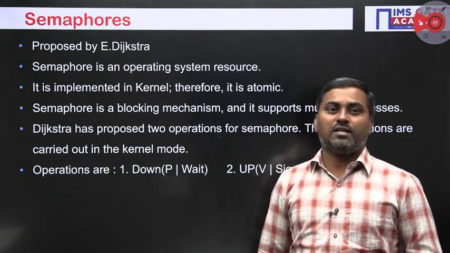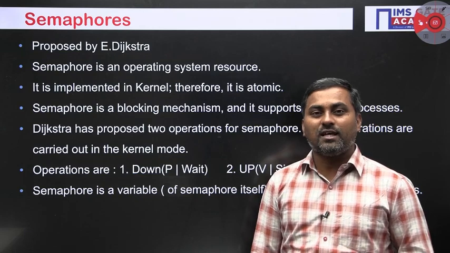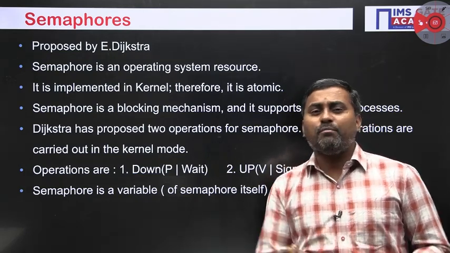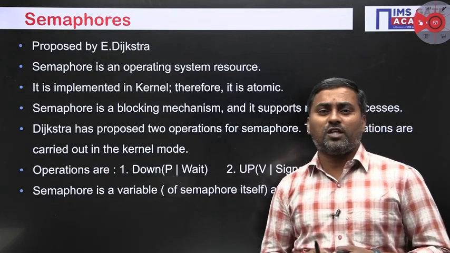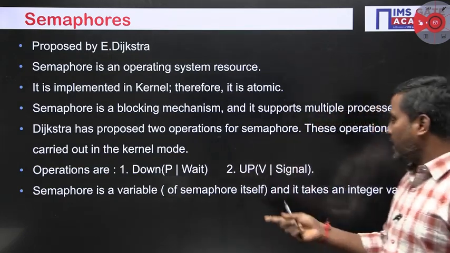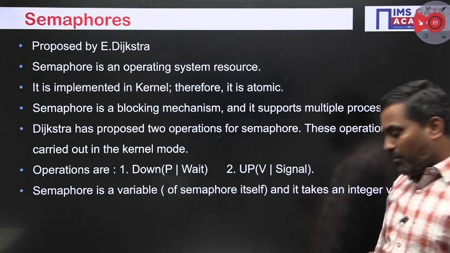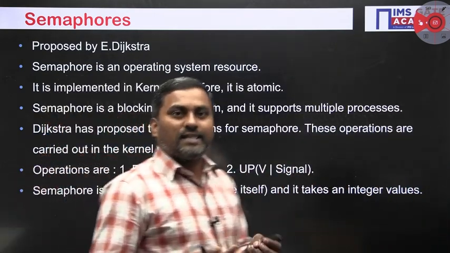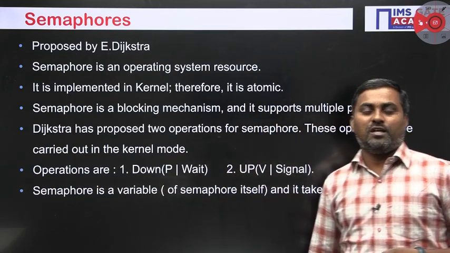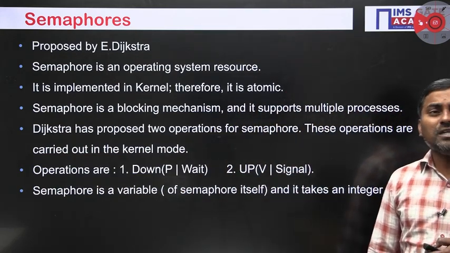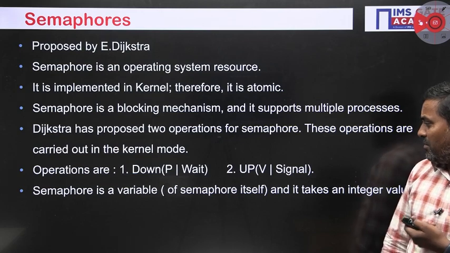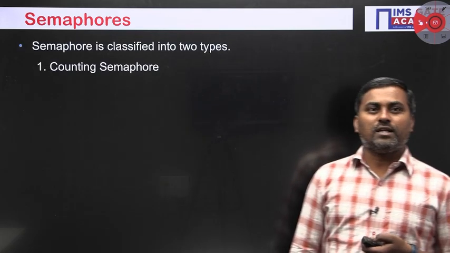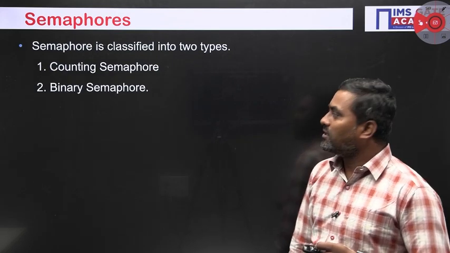So the semaphore is basically a variable. When I say it is a variable, it must be associated with some data type. The data type is semaphore itself, and it takes only integer values. Based on these integer values, semaphore is classified into two types: counting semaphore and binary semaphore.